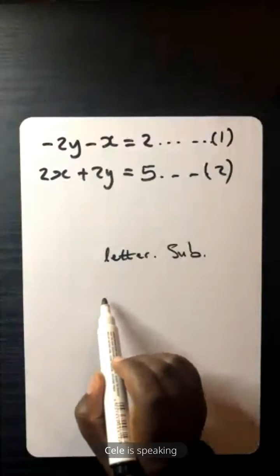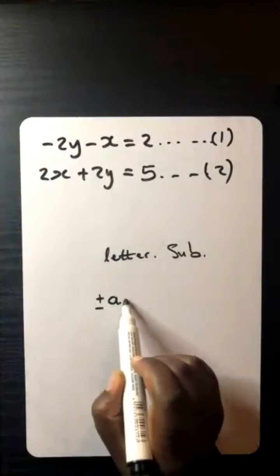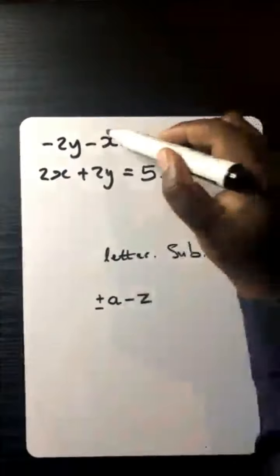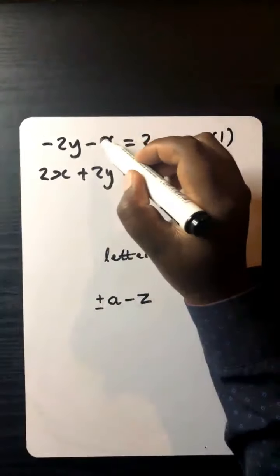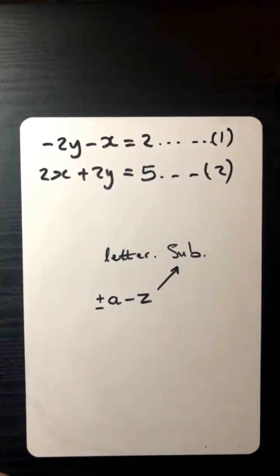If you've got a letter, it could be positive or negative, letter A up to Z. In this case, I've got letter x, which is negative x. Then I can apply the substitution method.